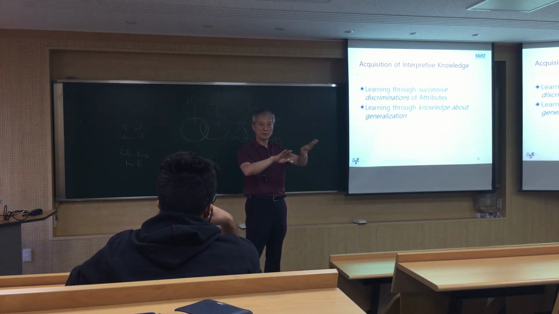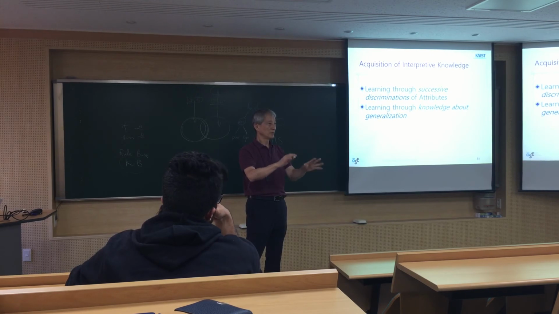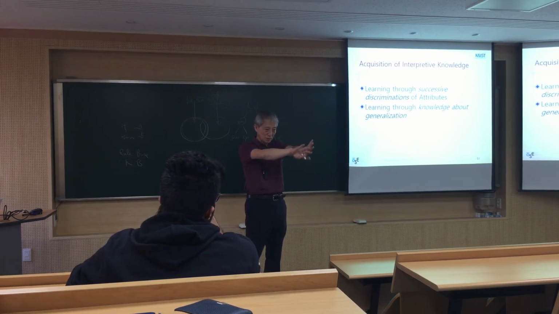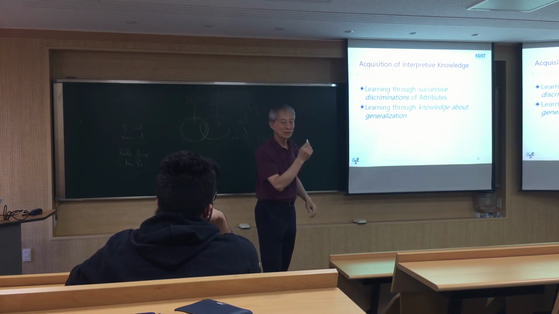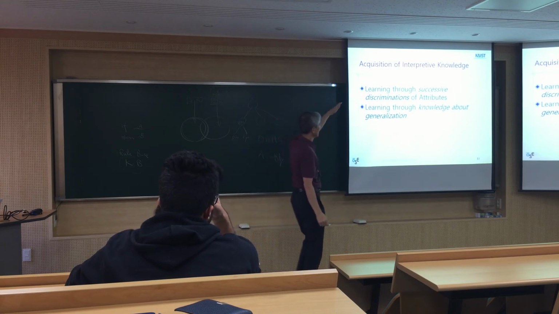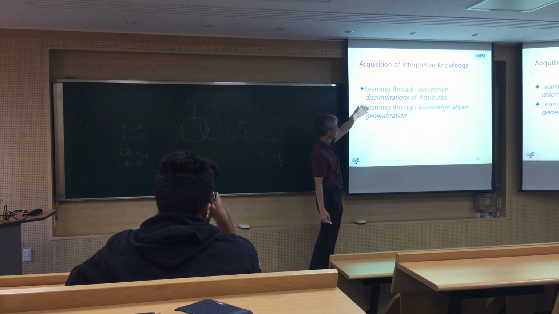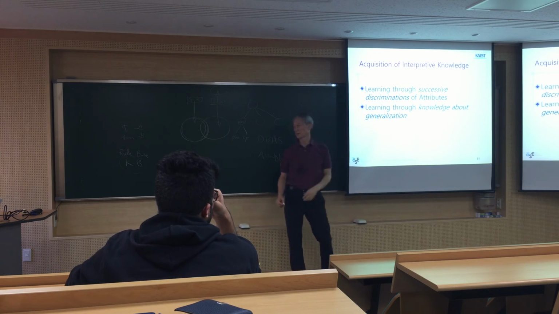How can you classify? By size, by color, by mating conditions, many ways, right? But anyway, you decide the discrimination: this one is yes, this one is no, based on your decision rules. That kind of thing is learning through knowledge about generalization.